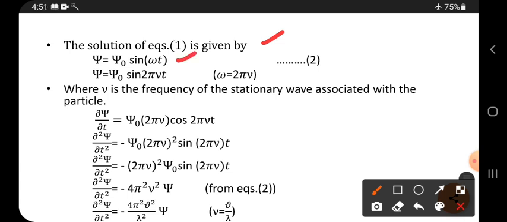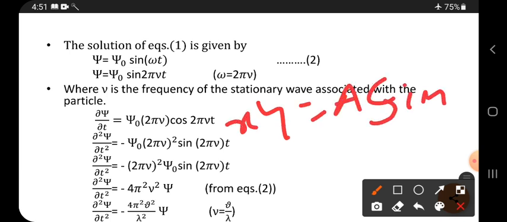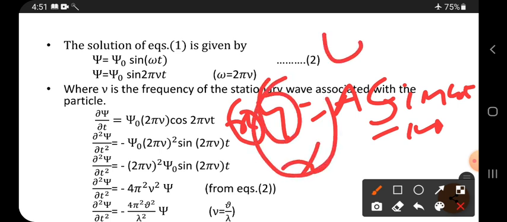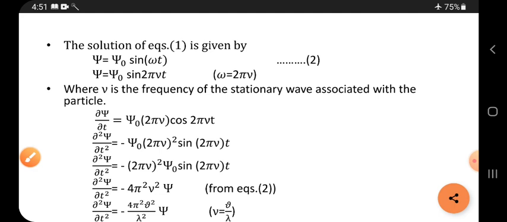Already in degree first year and second year, we take the solution as y equals y naught sine, or y equals a into, sorry, x equals a into sin or cos of omega t minus kx. In the place of x or y or z, we take a common term, that is psi. It is also in terms of psi, but you have to read it as psi naught.